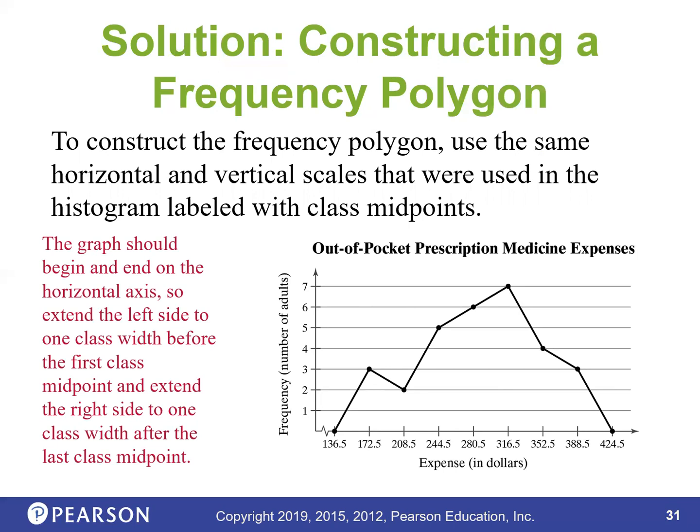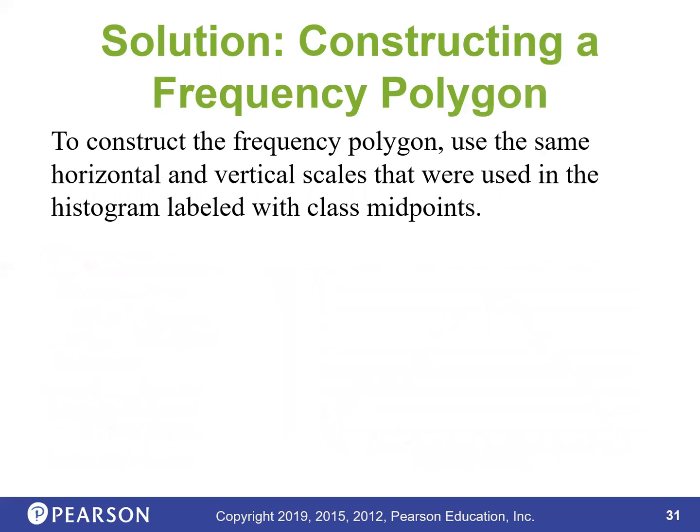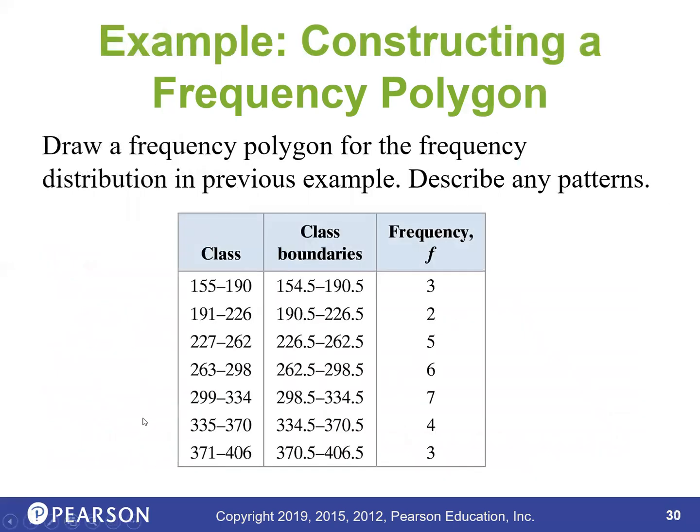So now we've got ourselves a little problem. What's up with the 136.5? Never seen that number before. I haven't seen 424.5 either. So it goes back to this stuff right over here. Our class boundary was 144.5.